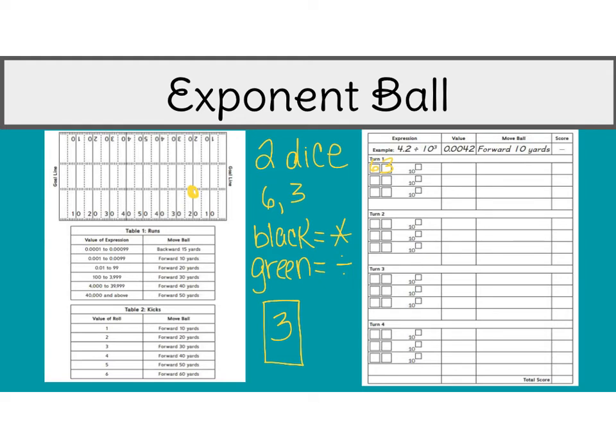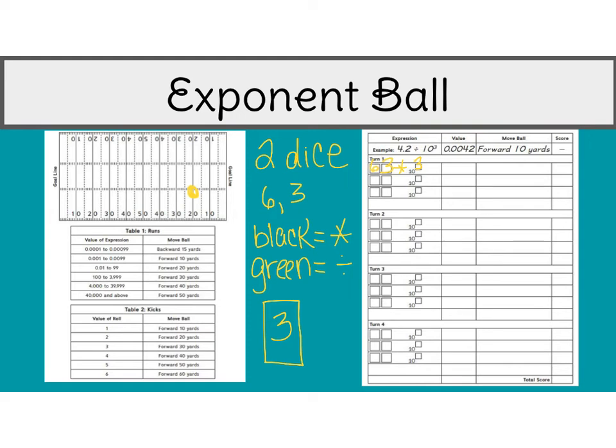So the card is going to determine what your exponent is. So I would put a 3 here for my exponent, and then I'm going to take 6 3/10 times 10 to the 3rd. So I can put a multiplication sign here to represent that, and then I would multiply that out.